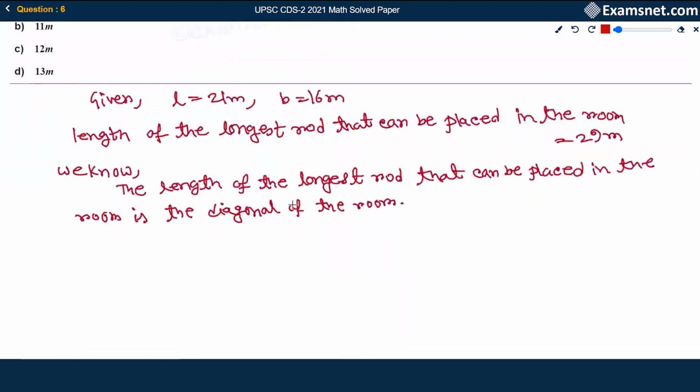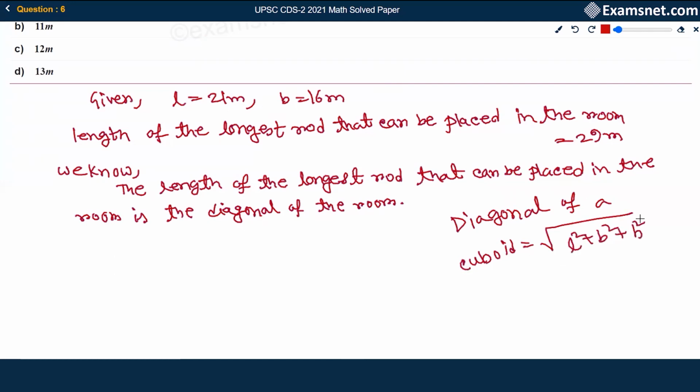So the formula for finding diagonal of a room, since the room is a cuboid, because we can see length and breadth are different dimensions. So the room is a cuboid. So we know the formula for finding diagonal of a cuboid. The formula is root under length square plus breadth square plus height square.